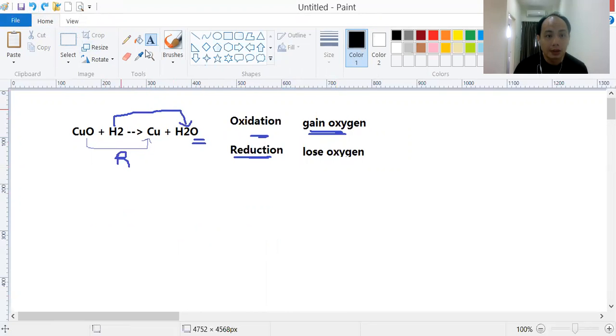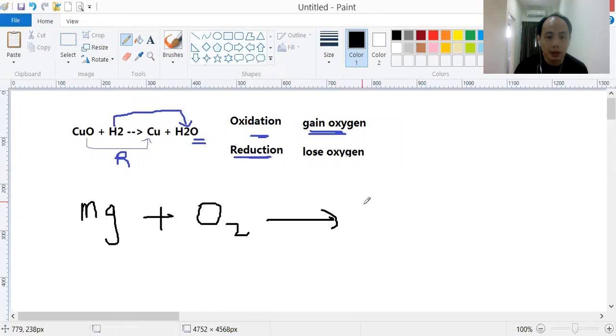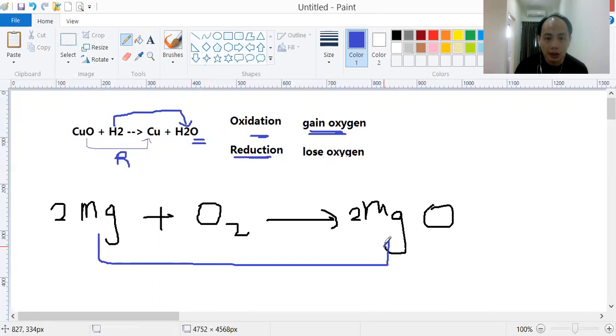Magnesium plus oxygen become magnesium oxide, 2, 2. Okay, which one is being oxidized? So this is very obvious. Magnesium become magnesium oxide. So it is oxidized. So this is oxidation.